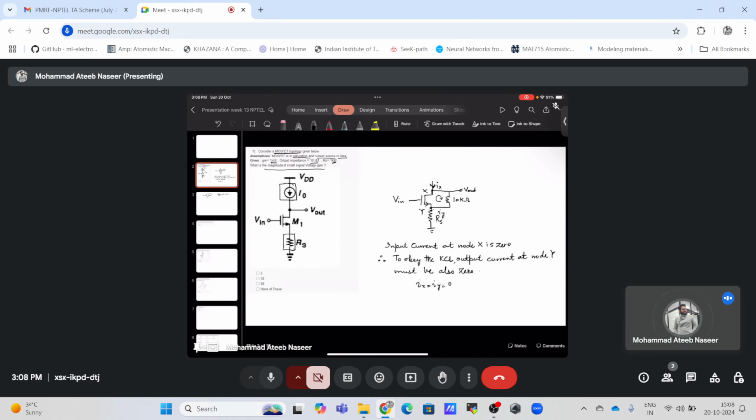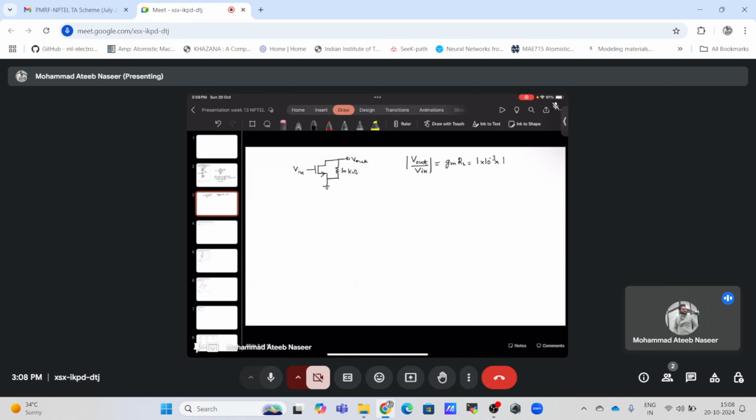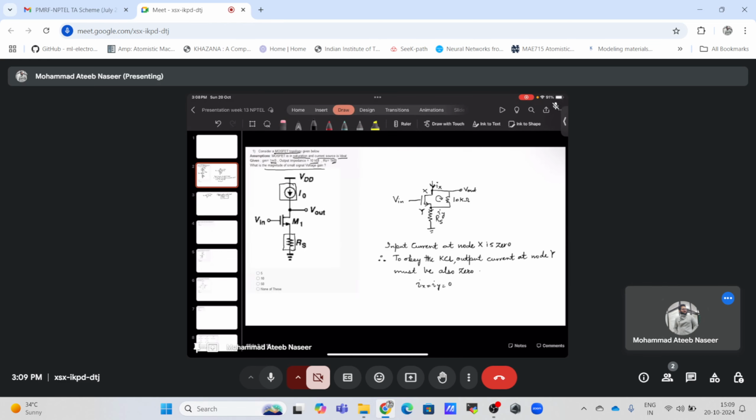RL is 10 kilo ohm, so it's 10 into 10 to the power of 3, which gives simply 10. So Vout by Vin magnitude is simply 10. Let's go back and check the options. Option B is the correct option to select.